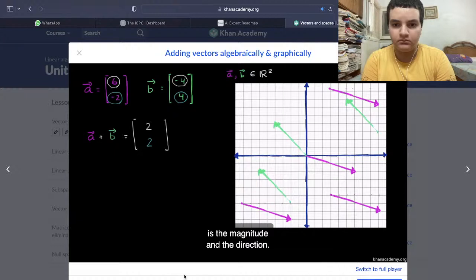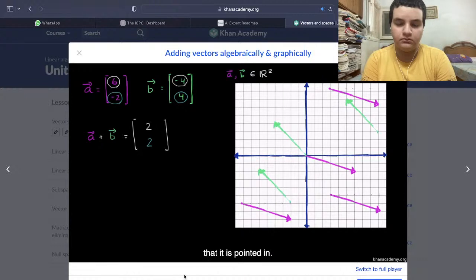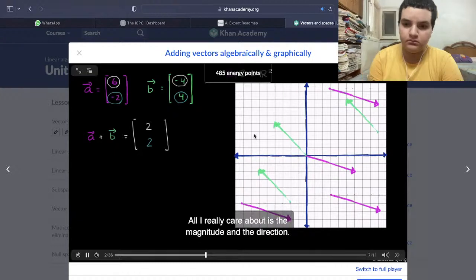The magnitude is represented by the length of this vector, and the direction is the direction that it is pointed in. And also, just to emphasize, I could have drawn vector A like that, or I could have put it over here. These are all equivalent vectors. These are all equal to vector A. All I really care about is the magnitude and the direction.